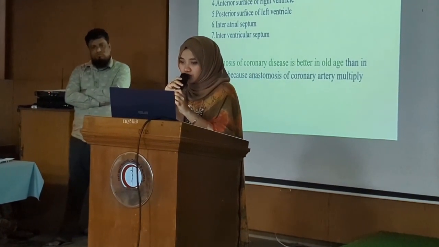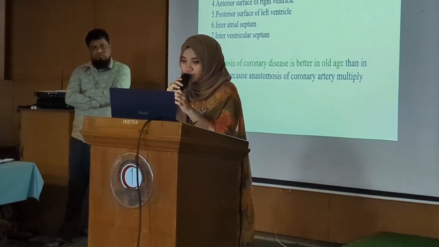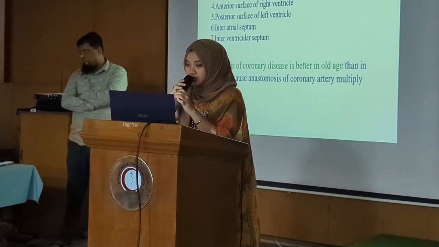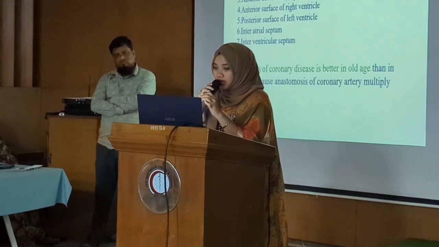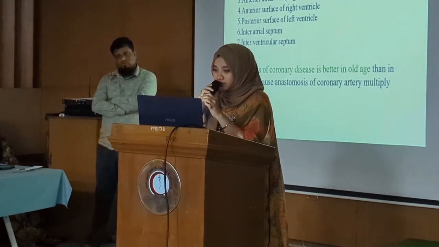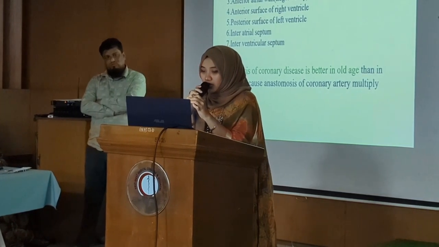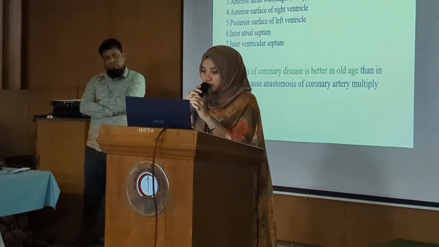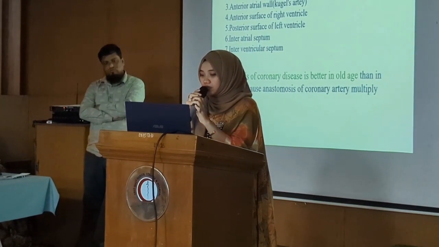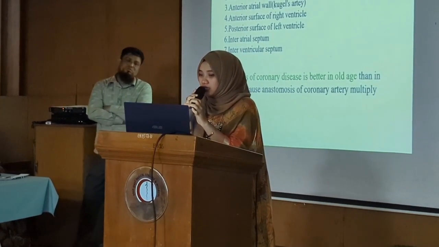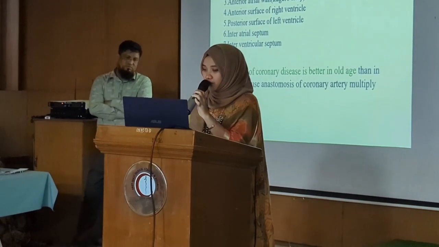And the sites of anastomosis are as follows. First, in the incisura apicis cordis, crux of the heart, anterior atrial wall, Kugel's artery, anterior surface of the right ventricle, posterior surface of the left ventricle, interatrial septum, and interventricular septum. These are all the sites of anastomosis of coronary arteries.